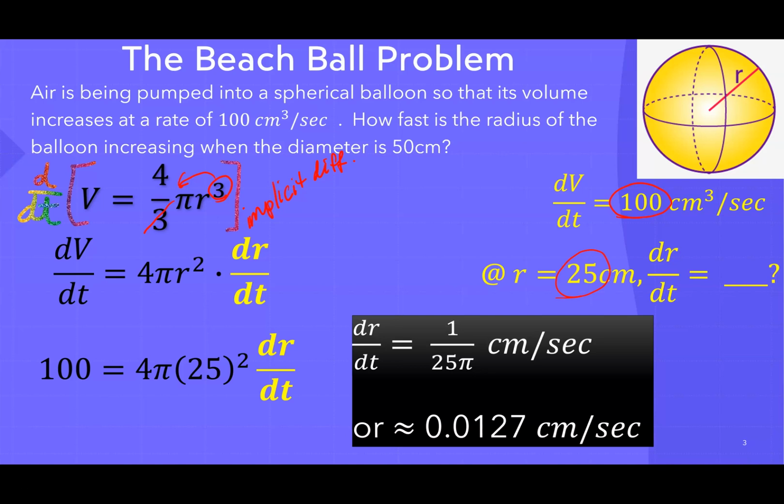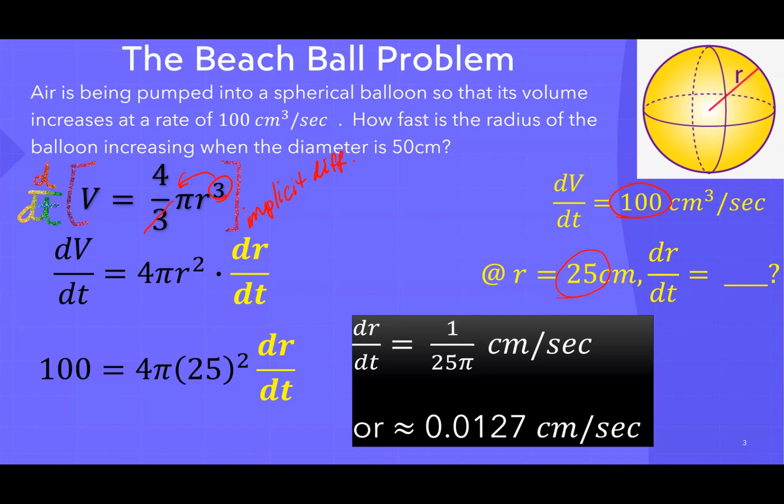You can get a decimal to see if it makes sense, and the decimal value would be roughly 0.0127 centimeter per second. To me, that makes sense in terms of the relationship between volume and radius.